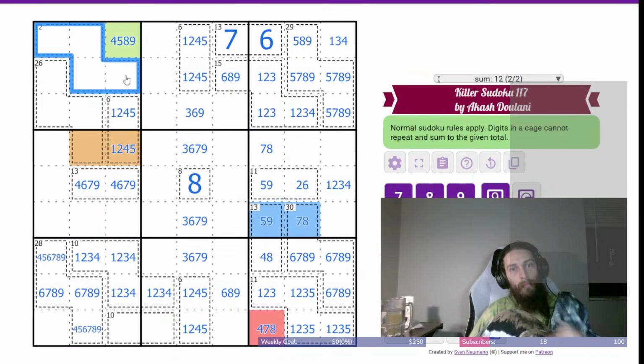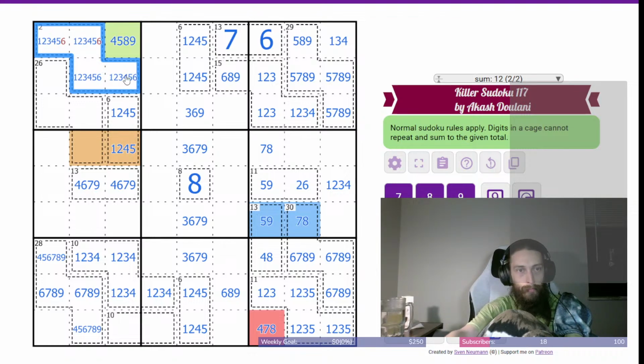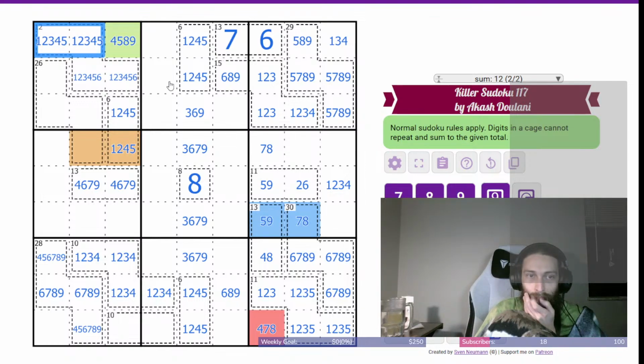Three has to be in the 12 cage. And so do 1 and 2. Yeah. It's either 1, 2, 3, 6 or 1, 2, 4, 5.